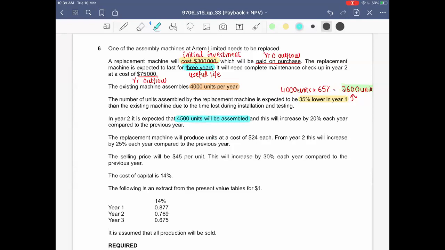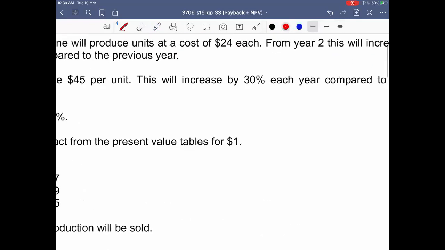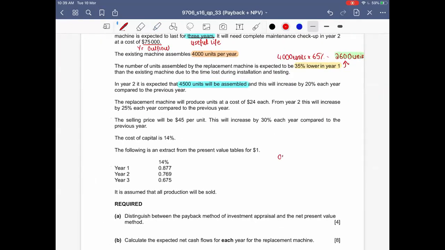The useful life of the machine is 3 years. So what is our output level in year 1? Our output level in year 1 is 2,600 units, then year 2 is 4,500 units, and in year 3 our output level will increase by 20%. 4,500 into 1.2, that means it's going to be 5,400.